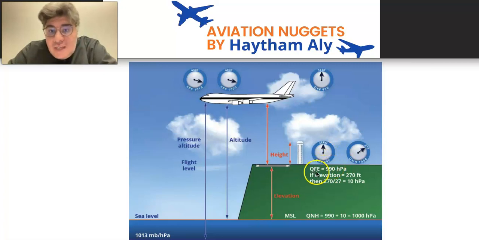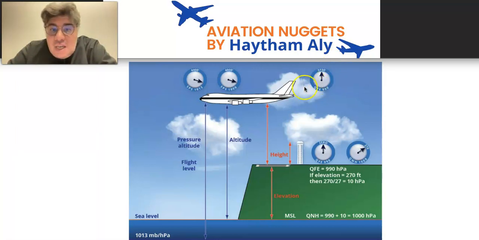Here QFE equals 990 hectopascal. So if you put the pressure setting QFE, or 990, the altimeter will show us height, which is the vertical distance of the aeroplane from the runway. So it is 3,730 feet.